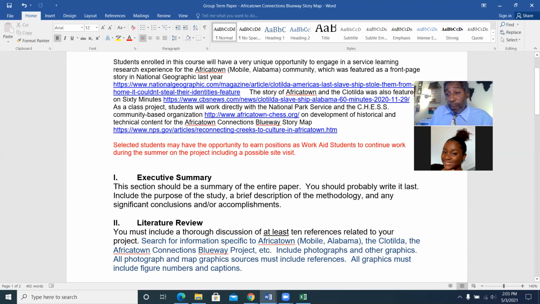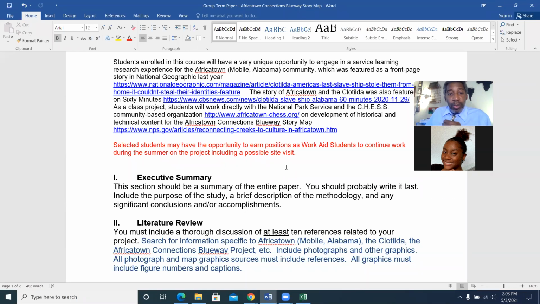If you Google Africatown history, or the name of the ship, the Clotilda, you will get tons of information. This has been one of the hottest stories in the country over the past couple of years. Now you might think, I didn't hear anything about it. Well, a lot of people didn't, which is exactly why we're doing this.